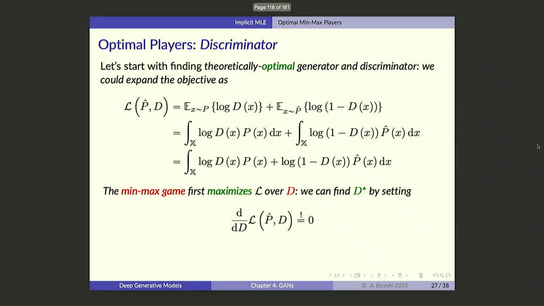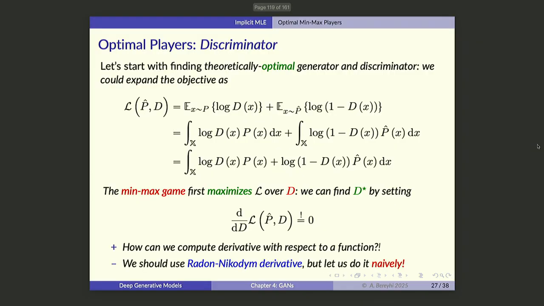I'm going to compute the derivative of this loss with respect to the function d, and then I set it equal to 0. I want it to be 0. And if I can find that, given that I know this is a concave function, as a side note, then that optimal d is going to be found. The only question here is, what do I mean by computing the derivative with respect to a function?